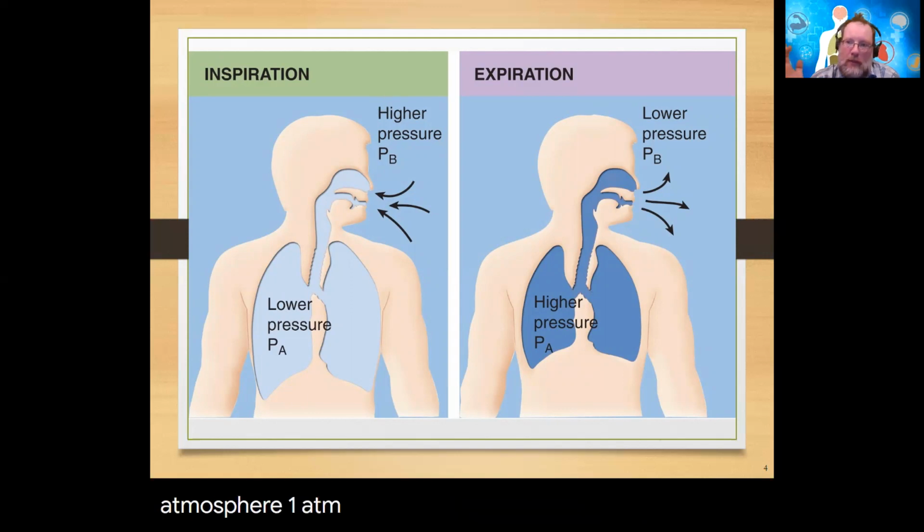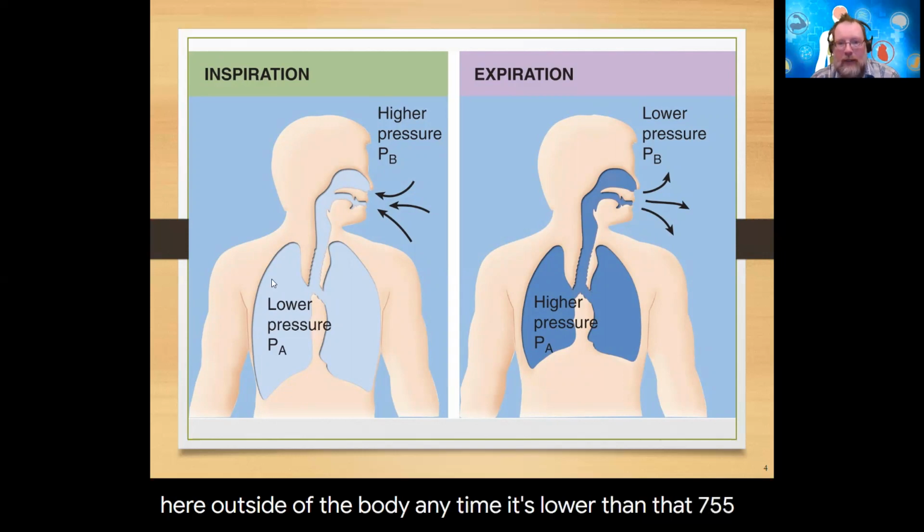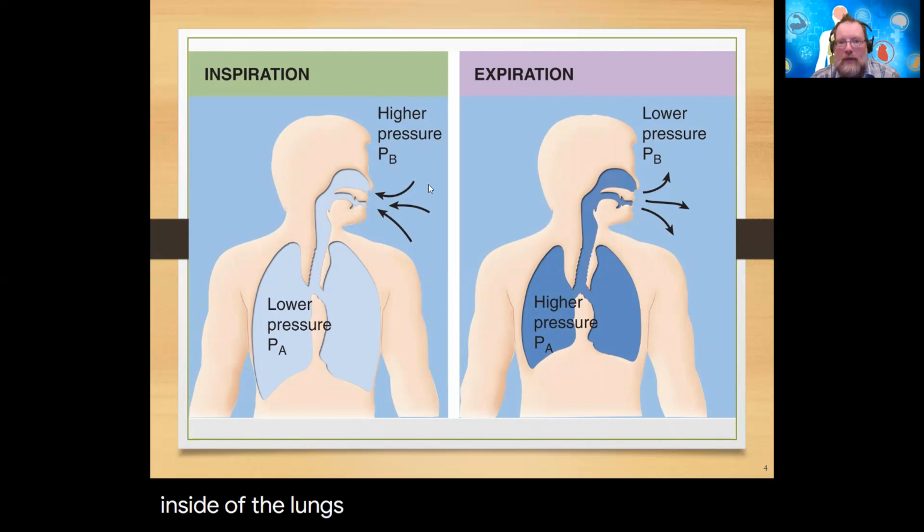You also see it written as 760 millimeters of mercury of pressure. Outside of the body it's 760 millimeters of mercury, and anytime the pressure inside of the lungs is lower than that, say 755, that's going to cause air to be inspired or inhaled.